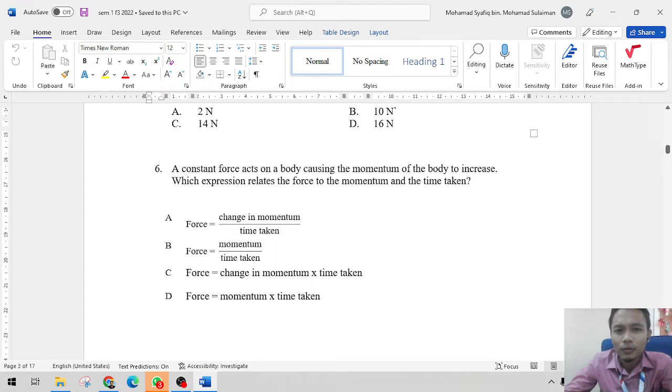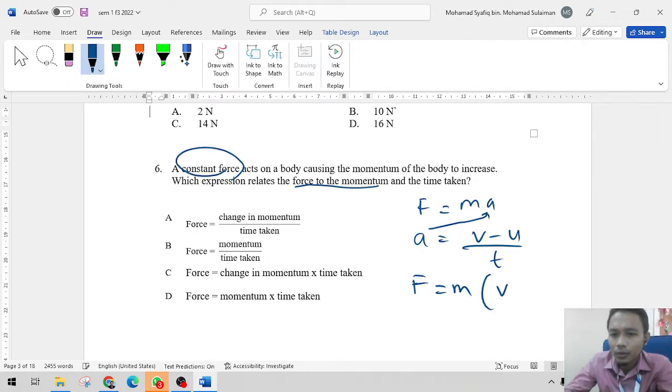Which expression relates the force to the momentum and time taken? So force equal to ma, a is equal to v minus u over t. So we substitute into a. F equal to m times v minus u over t.